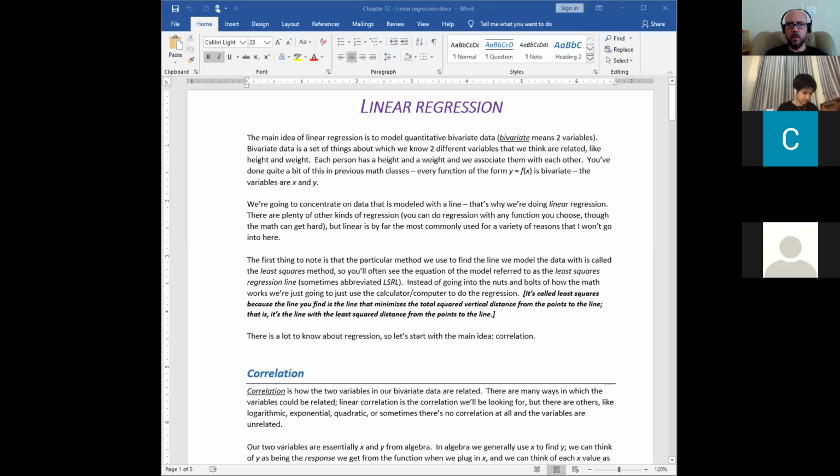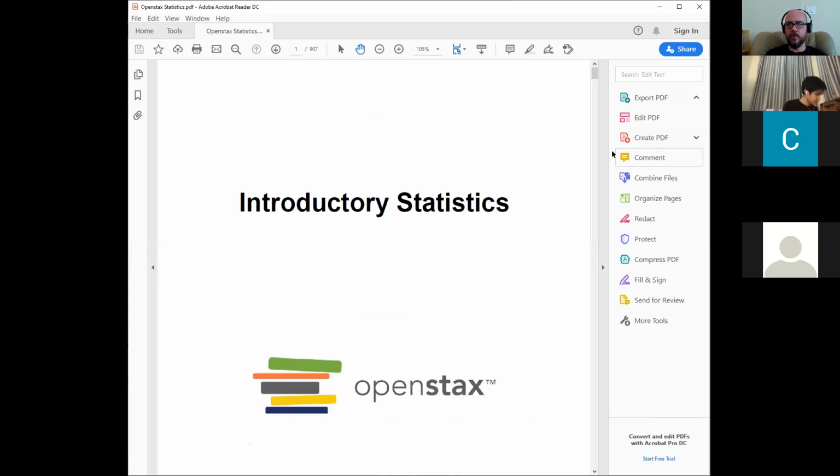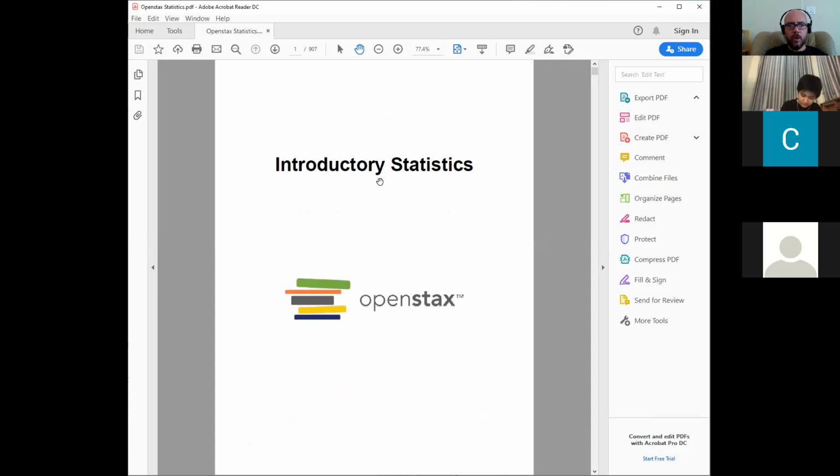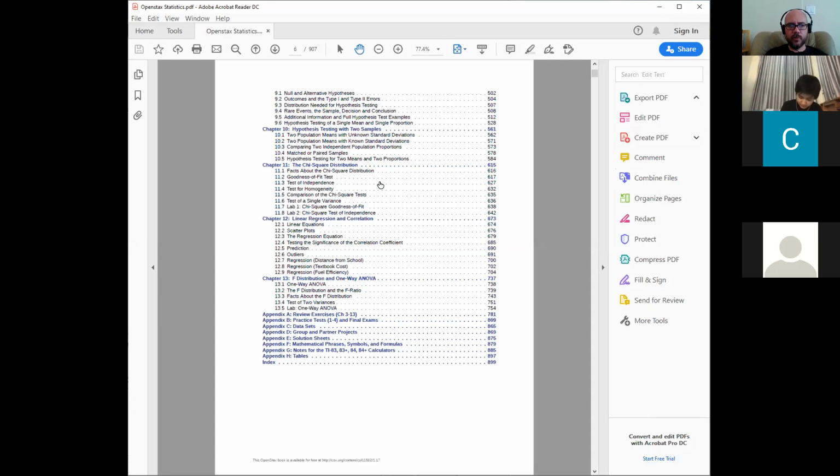Question number 72, I think E or D. Okay, so let me get the book from the homework. 72. So this is the book, and this is linear regression, so it's chapter 12.